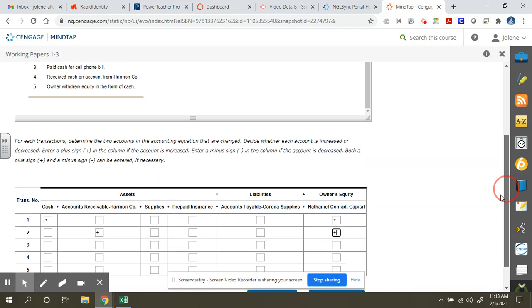Transaction 3, paid cash for the cell phone bill. Paid cash, so your cash is going out. Cell phone bill is an expense.